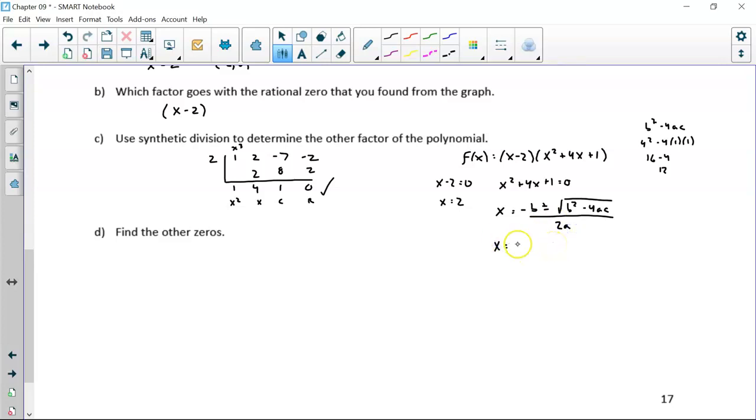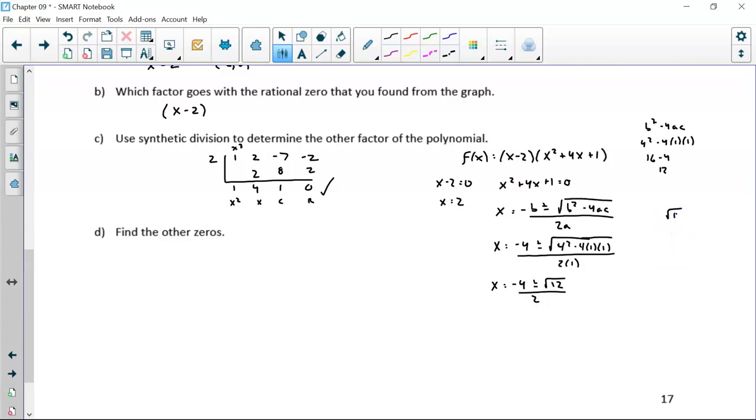So the opposite of b is negative 4 plus or minus the square root of 4 squared minus 4 times 1 times 1, all divided by 2 times 1. Now, we already found that, so we didn't have to do the discriminant under there. Negative 4 plus or minus the square root of 12, all divided by 2.